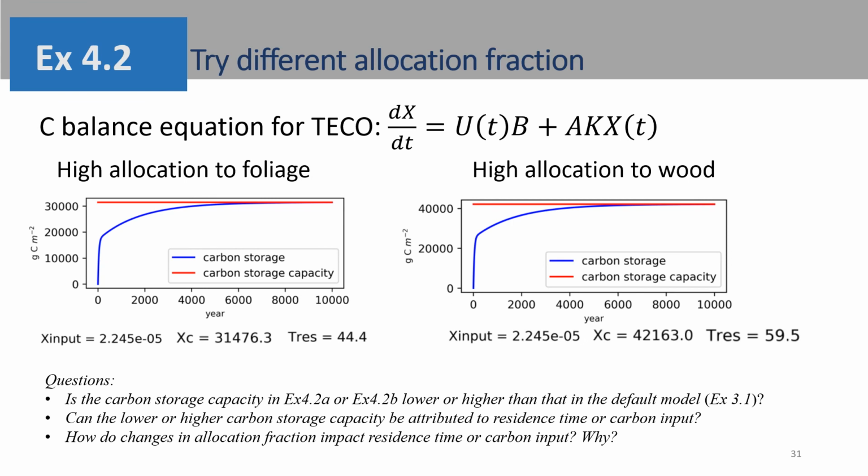By comparing these two simulations, we can see carbon storage stabilize at different carbon storage capacity. Can you think about how allocation fractions impact carbon input or residence time, and therefore the carbon storage capacity? Let's fill the blank for exercise 4.2 in slide 25.